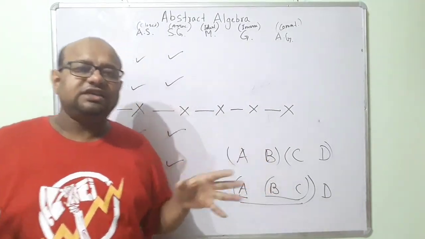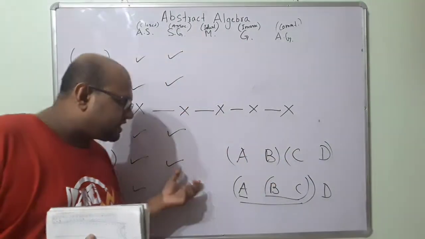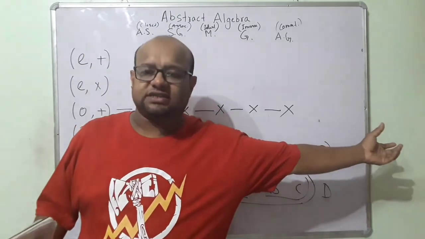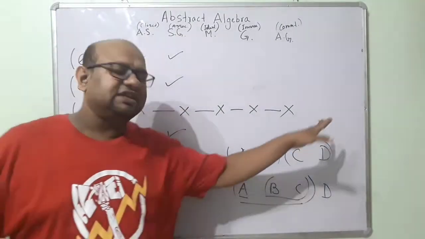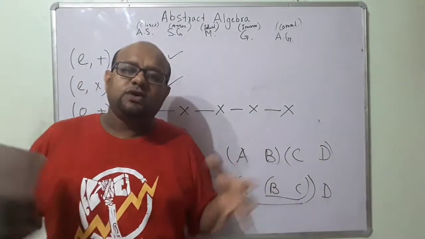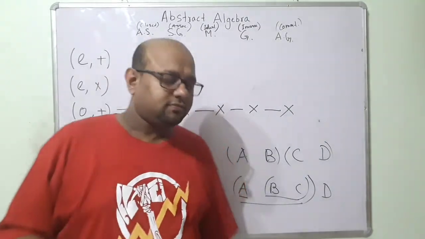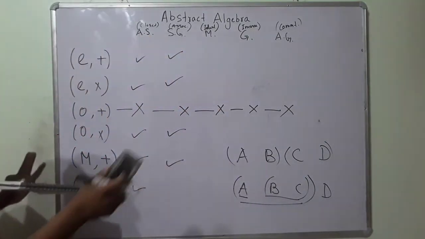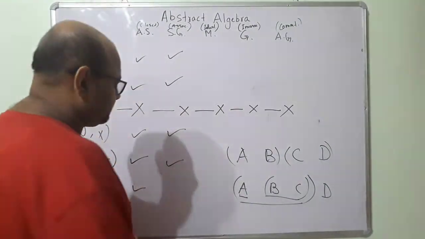There is a dynamic programming algorithm that, given the sizes of the matrices, will find out how to put your parentheses such that you will have the minimum number of additions and multiplications. So that is something that we have. Matrix multiplication is associative.